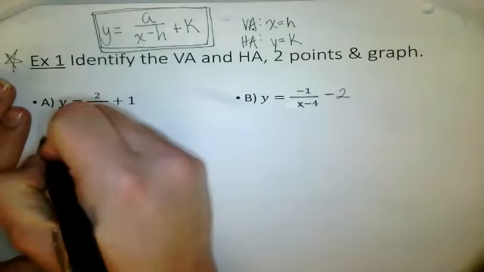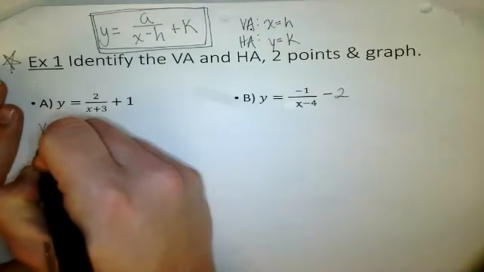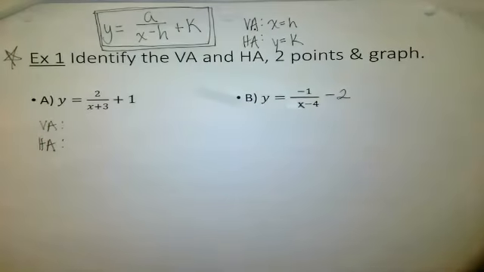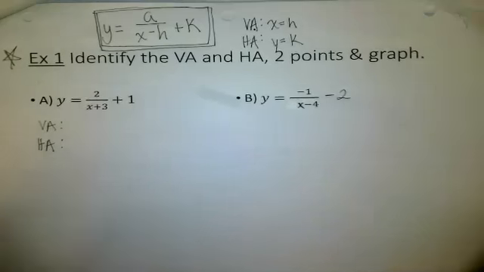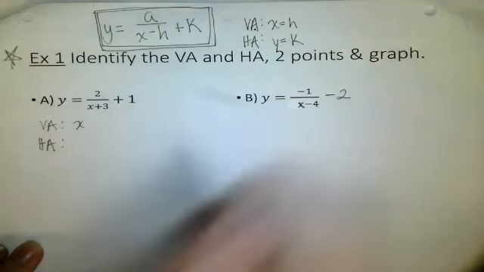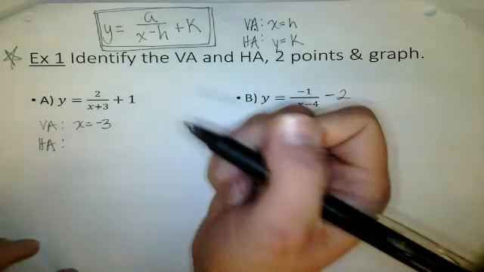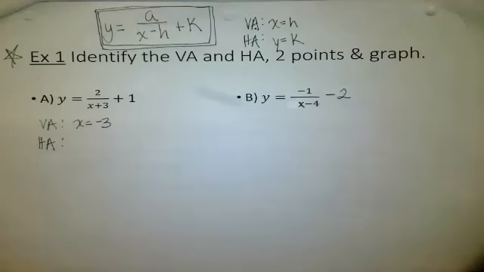So we're in this great form, and we want to first start by finding our vertical asymptote and horizontal asymptote. What is our vertical asymptote? Now think back to the bell work. It's really the question, what is x not allowed to be? -3. X equals -3 is the asymptote that we're going to graph.